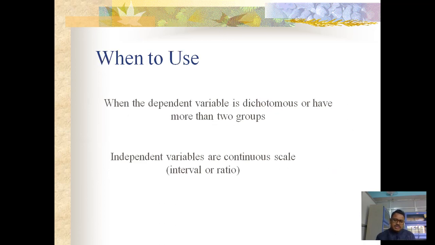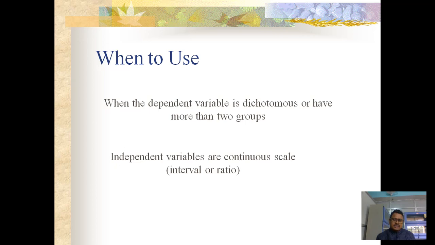So now moving to the next slide. When do we usually use the multivariate analysis known as linear discriminant analysis? Here it says when the dependent variable is dichotomous or has more than two groups. So in this case, if we have the dependent variable in a dichotomous scale, we know there are different scales of measurement: nominal, ordinal, interval, and ratio scale.